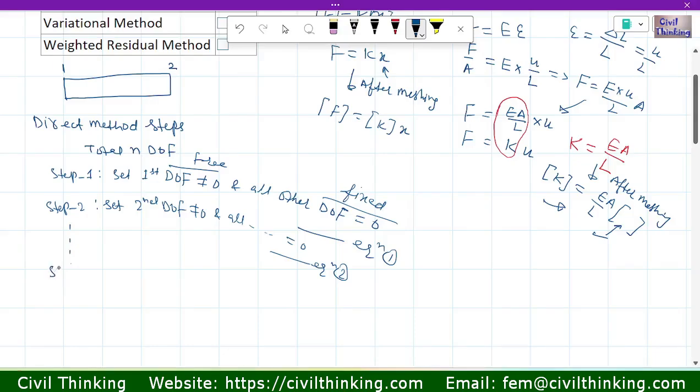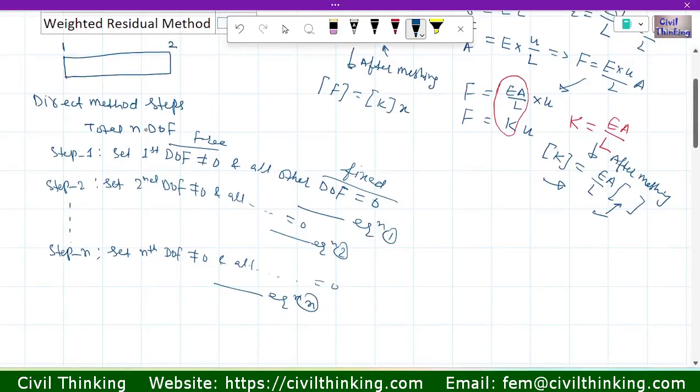Here we will set the nth degree of freedom free, not 0, and all others equal to 0. So this will give us the nth equation. Then, because we have n degrees of freedom, we have to follow n plus 1 steps.